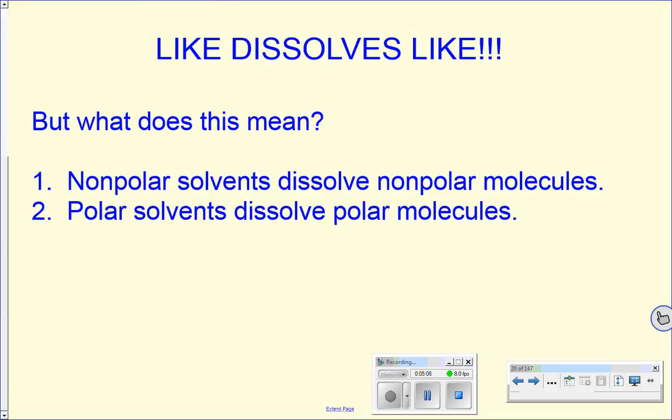But like dissolves like means, as we mentioned before, nonpolar solvents can interact with nonpolar stuff. Polar solvents can interact with polar molecules, and they can also interact with things that are ionic because ions have charges. So a little table to summarize this for you.